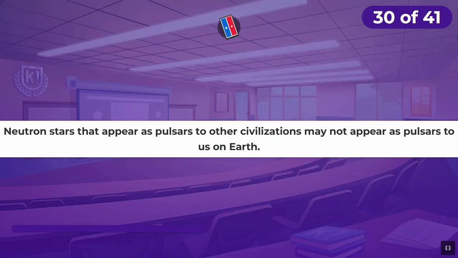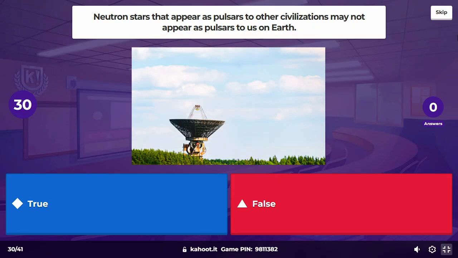So let's say we are talking to another civilization out in space. Would we necessarily agree that a given neutron star is a pulsar?